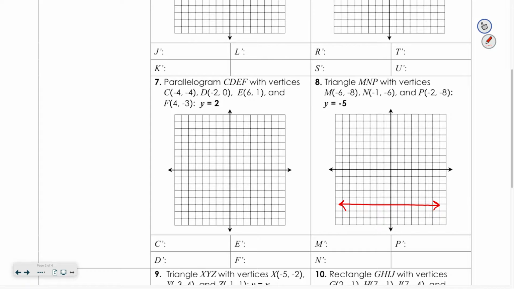So if you did not do number 8, if you would go ahead and graph y equals negative 5 and the triangle MNP.